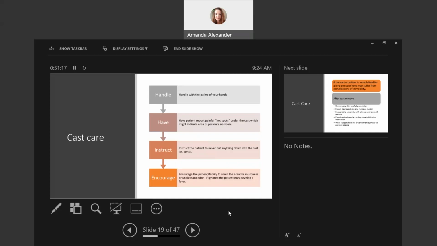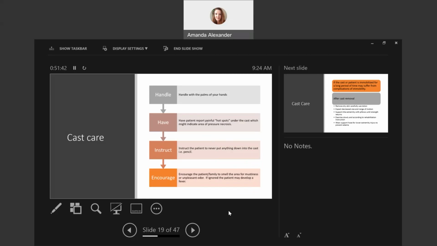Teach the client to keep the cast clean and dry. One of the things that you would want to do is advise them to not take showers while wearing a cast. If it's on a lower extremity, they may want to take a bath and always keep the leg out of the bathtub. And always instruct them to do isometric type exercises to prevent muscle atrophy.